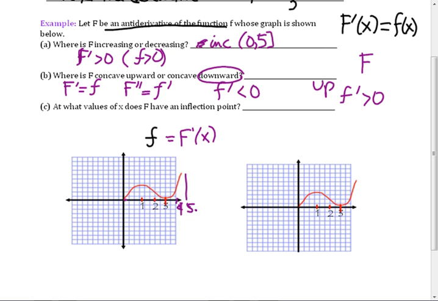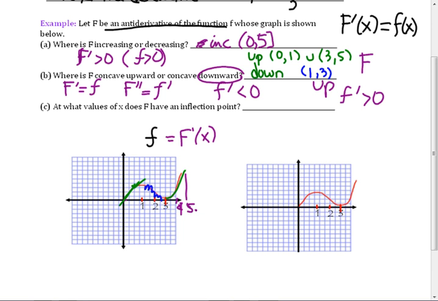Okay, F prime, that's the slope of this. What's the slope? It's positive, positive, positive. So it looks like it's going to be up from 0. Looks like it's close to 1. And then where else is the slope positive? 3 to 5. And it's down, like a frown, when my derivative here is negative. And that's between what? 1 to 3.